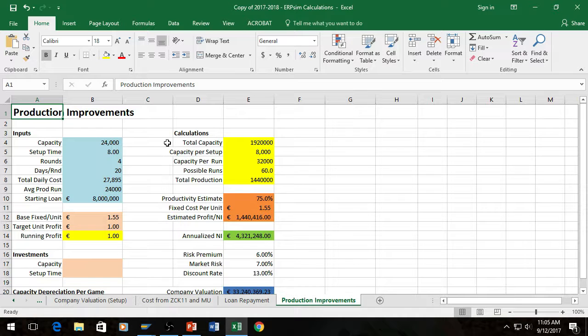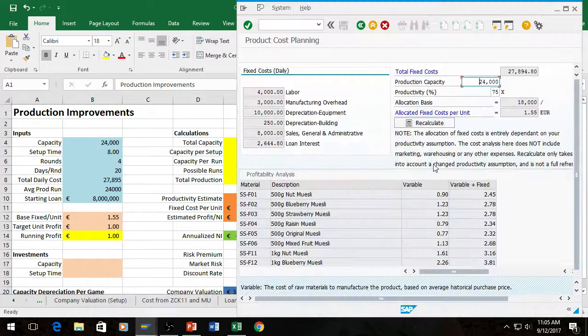In order to put this together, for me to do this what if scenario, what I did is I recreated ZCK11. So if you're familiar with this, and you should be before you jump into this, this gives you a product cost planning. So it's taking your daily fixed costs and it adds all those up, and then it looks at your production capacity per day, which is 24,000.